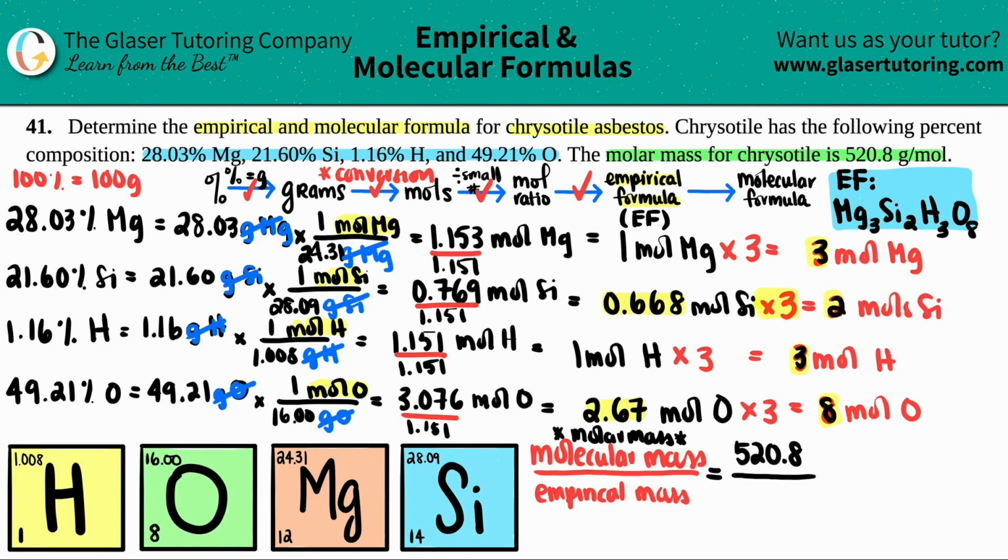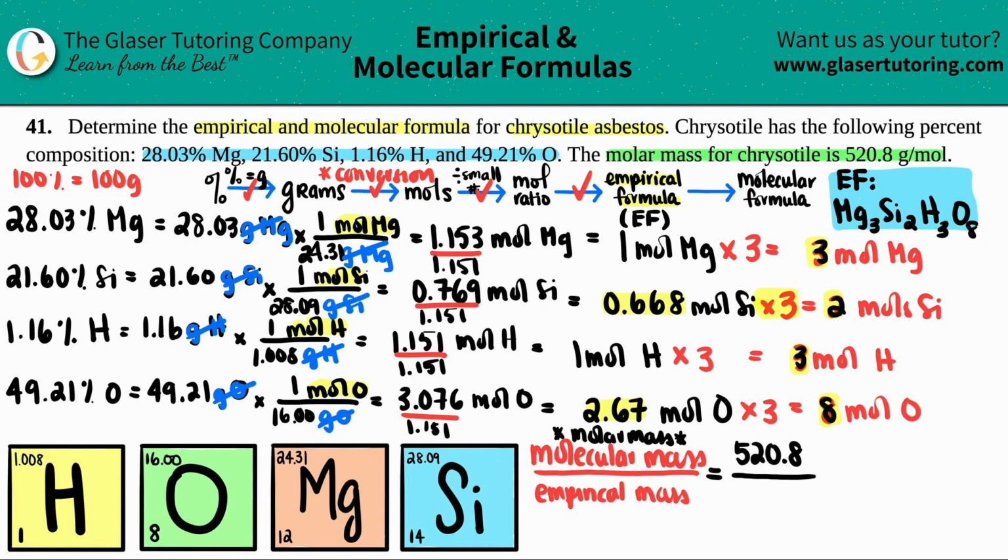My empirical mass, which comes from my empirical formula. So I got to go back to the periodic table. We've done tons of problems finding out just how to find an empirical mass or a molar mass of a compound, right? So I'm just going to calculate it all up. I got 3 magnesiums, so I have to do 3 times 24.31.